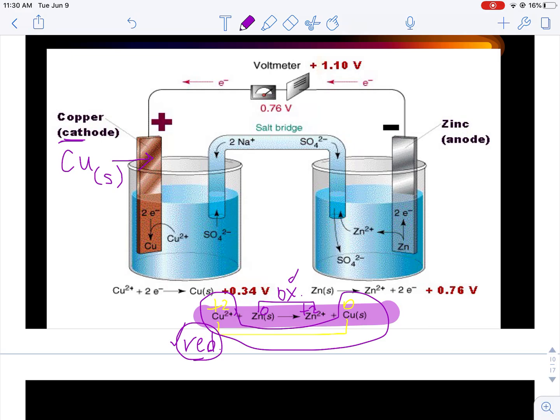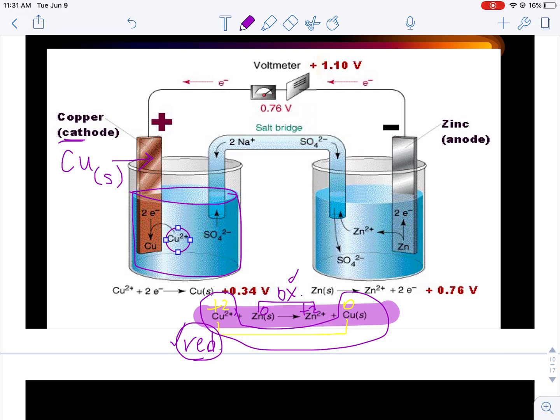Now, looking specifically at the copper half reaction, the copper 2 ions are being converted into the copper metal. Where are those copper 2 ions coming from? They're coming from the solution. This bar is resting in a solution of copper 2 sulfate. Copper 2 sulfate's an ionic compound, so we know as soon as it goes into water, those ions are going to be dissolved and free-flowing.